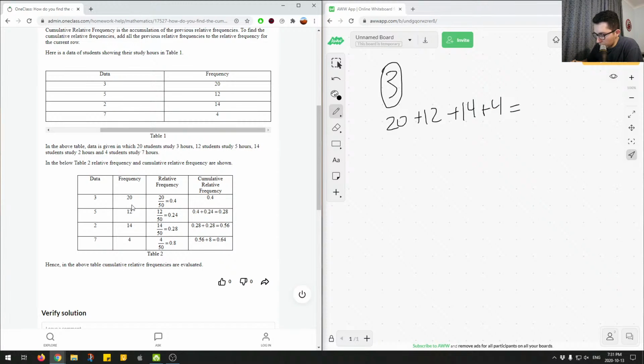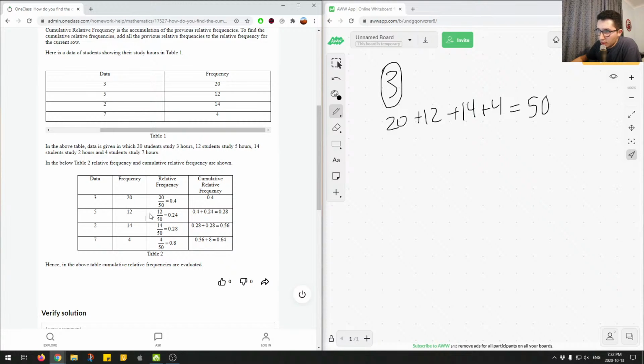So 20 plus 12 is 32. 32 plus 14 is 46, and then 46 plus 4 is 50. You can also plug this into your calculator to verify. So here we take the frequency divided by the total, and we end up with 0.4. And then for the first row, the cumulative relative frequency was just 0.4.